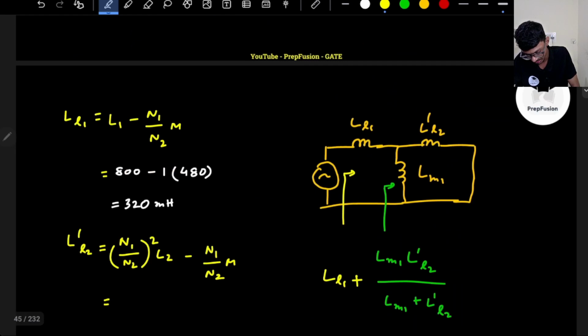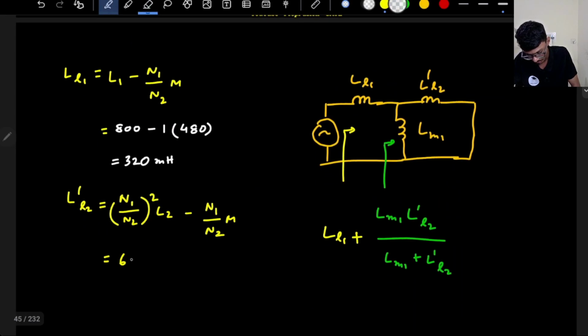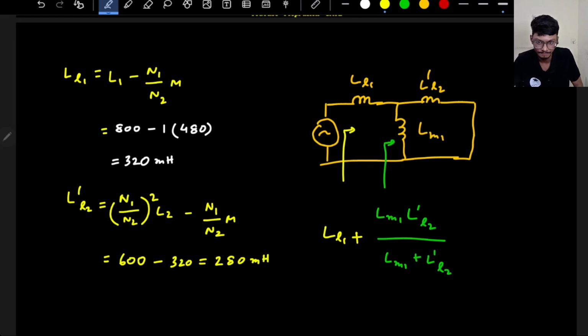So L2 is 600 millihenry, minus M... sorry, I have to subtract 480, right? So it will be 120 millihenry. So this is my LL2 dash.